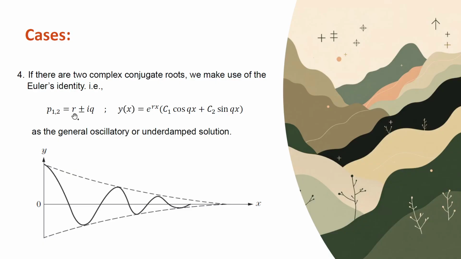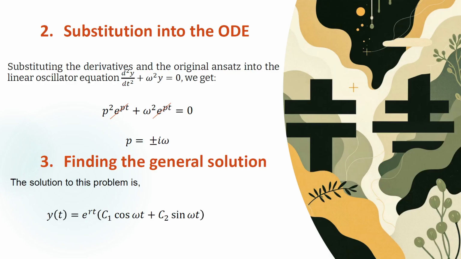Obviously, we have r equal to 0 for the linear oscillator model. So by applying this, we get this solution. We have y as a function of t equals e to the rt times the quantity c1 cosine of omega t plus c2 sine of omega t.